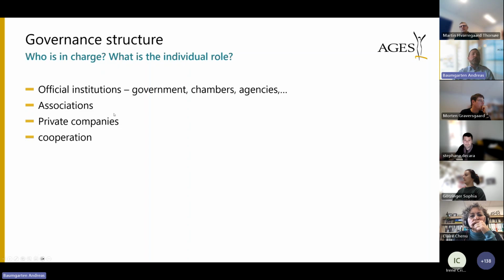Also, associations could play a role to some extent, and of course private companies, but I think the main point would then be to try to find a cooperation between all these involved institutions. Probably this will not be that easy, especially with respect to private companies who are giving carbon credits.